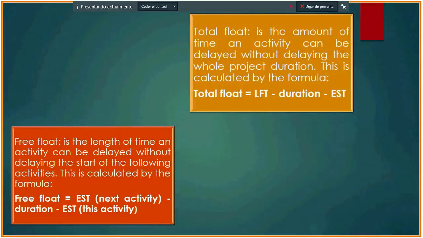Free float is the length of time an activity can be delayed without delaying the start of the following activities.